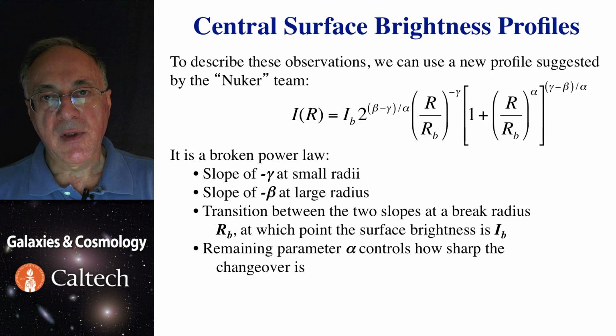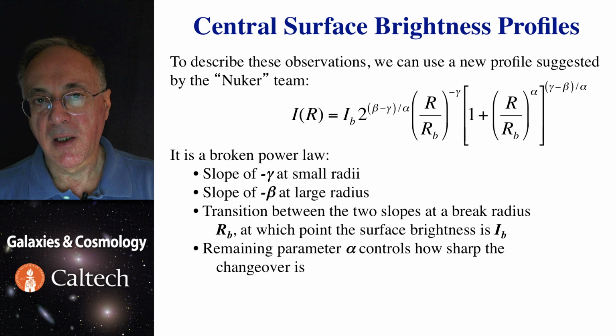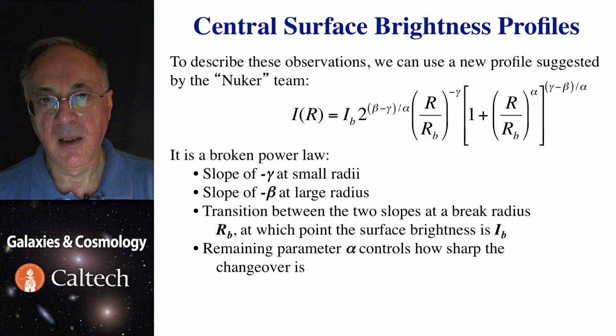So the shape of the surface brightness profile changes at smaller radii. And so people who study this have come up with a broken power law, or Nuker profile, that has one power law asymptotically at small radii and a different power law asymptotically at large radii, and there is some transition radius between them where one bends into the other.